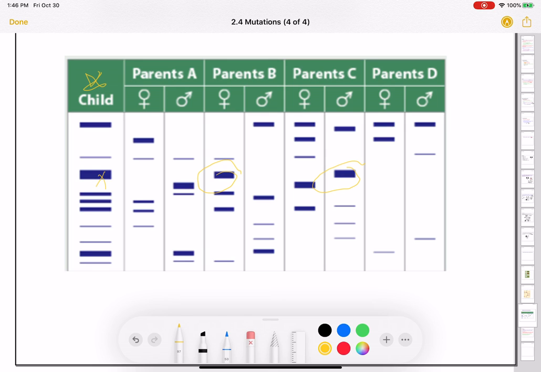We got those two bands there, we don't got them. Yeah, so you're just trying to match up the bands and they have to be in one parent or the other. I'm pretty sure that this child goes with these parents, just from looking it over, but basically that's how you use DNA fingerprinting, so just lining up the pieces.